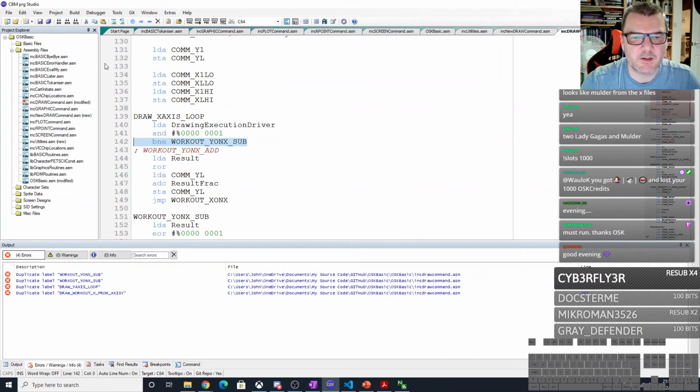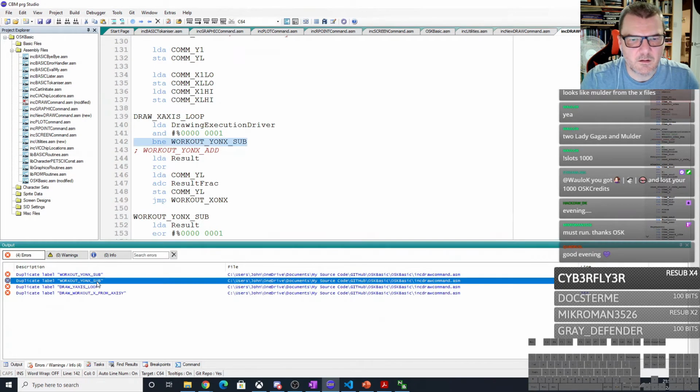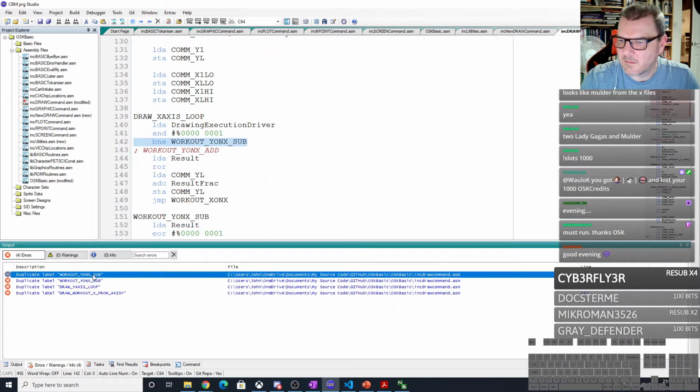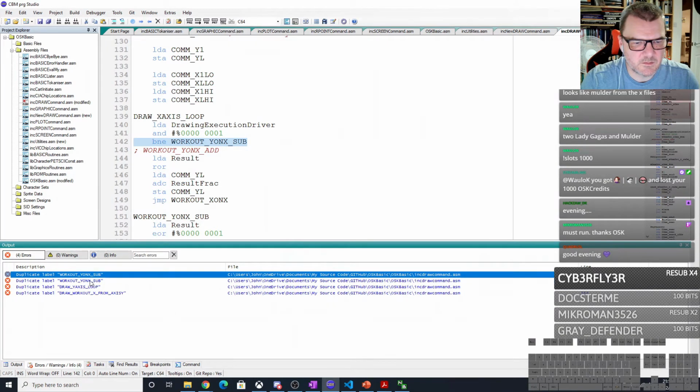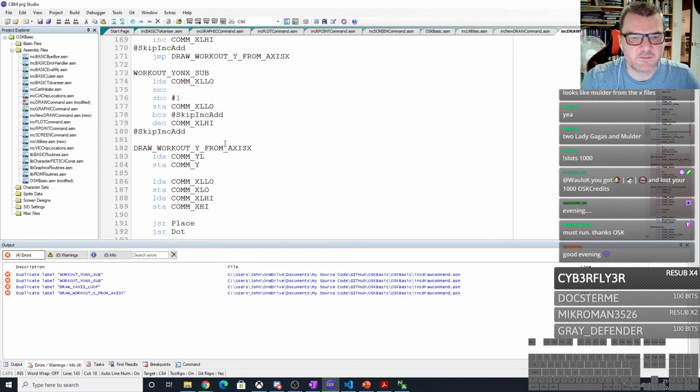So it can't find that. Work out y on x sub. That's there. Oh, hang on. Have we got two of them? Duplicate label. 173. I bet the other one's further down, isn't it?